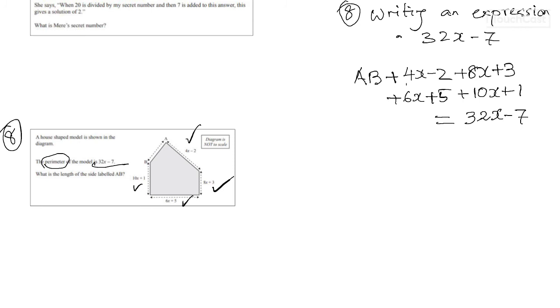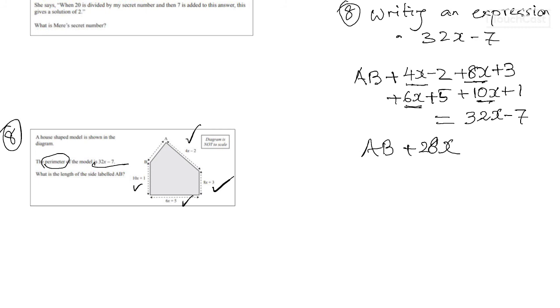Identify the like terms. I do it highlighting or underlining. These are the like terms, and I go 4x plus 8x 12. 12 plus 6x will give you 18x plus 10x. That will give me 28x.